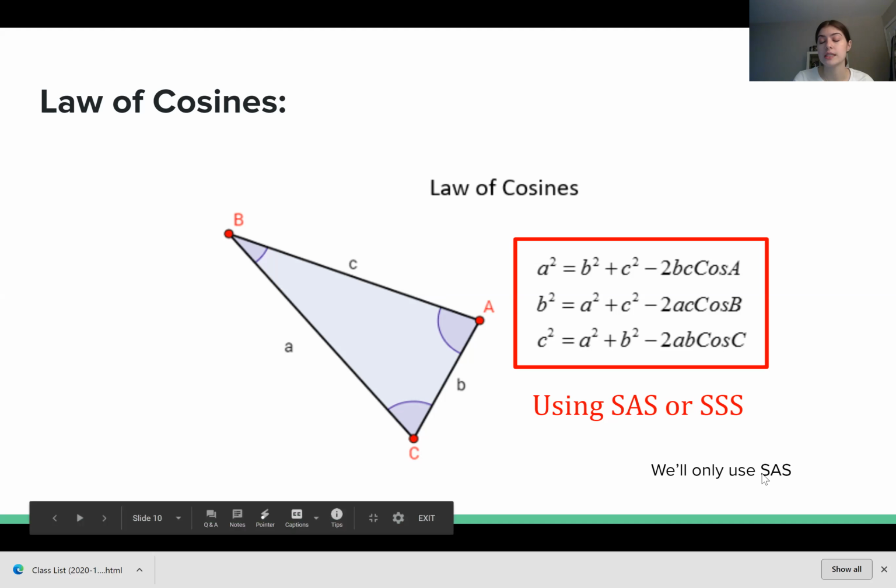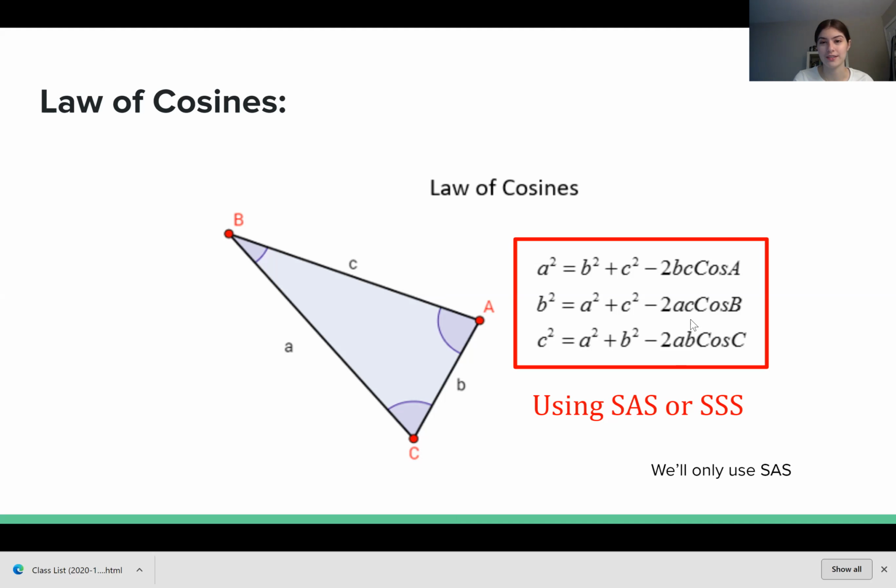Notice we're going to be using side, angle, side. What does that mean? That means we're going to be given two sides and an angle. On the right side of this equation, in every single equation, there are two sides, here b and c, and then the cosine of angle A, one angle. You are given everything.